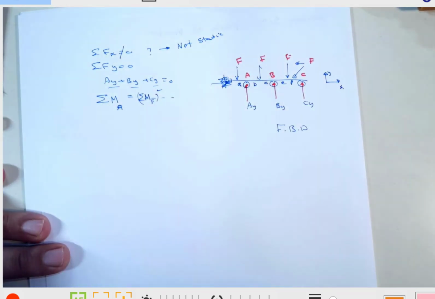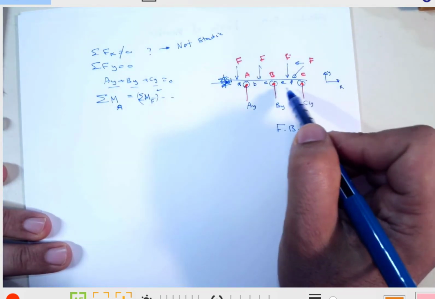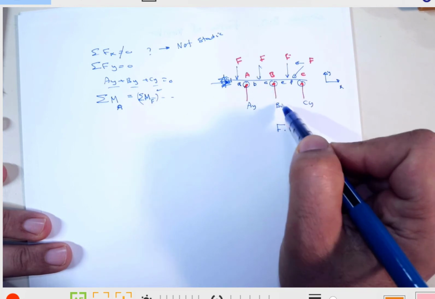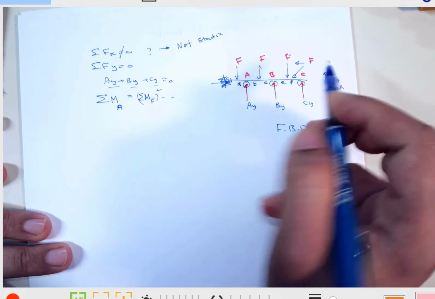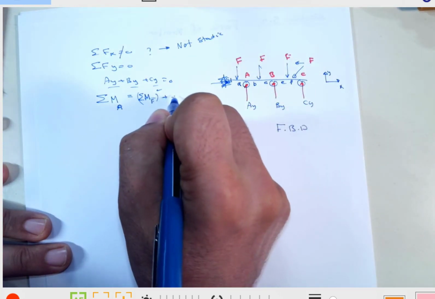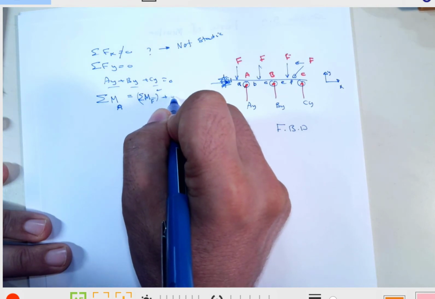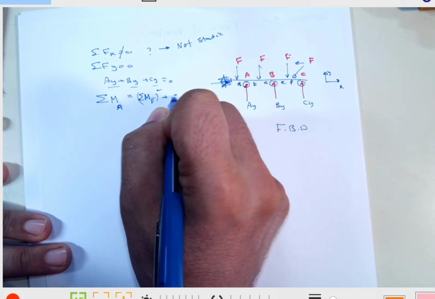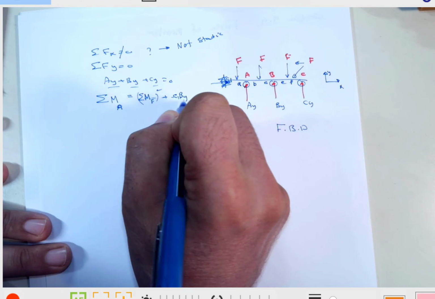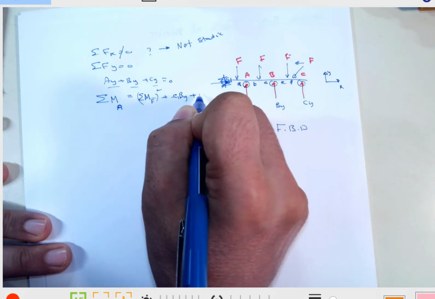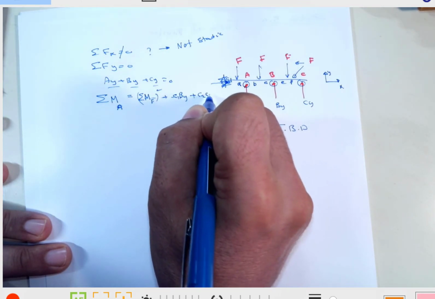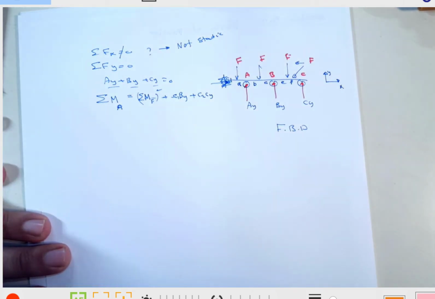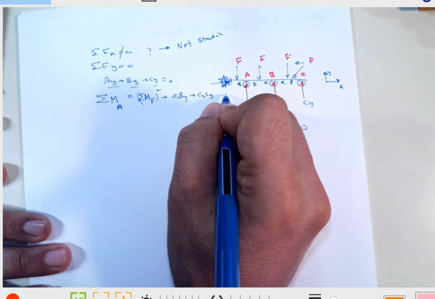But there's also moments of 2 forces which we don't know, because By and Cy are unknown. So let's say plus some constant C1 multiplied by By plus some constant C2 multiplied by Cy, right? And this is equal to 0.